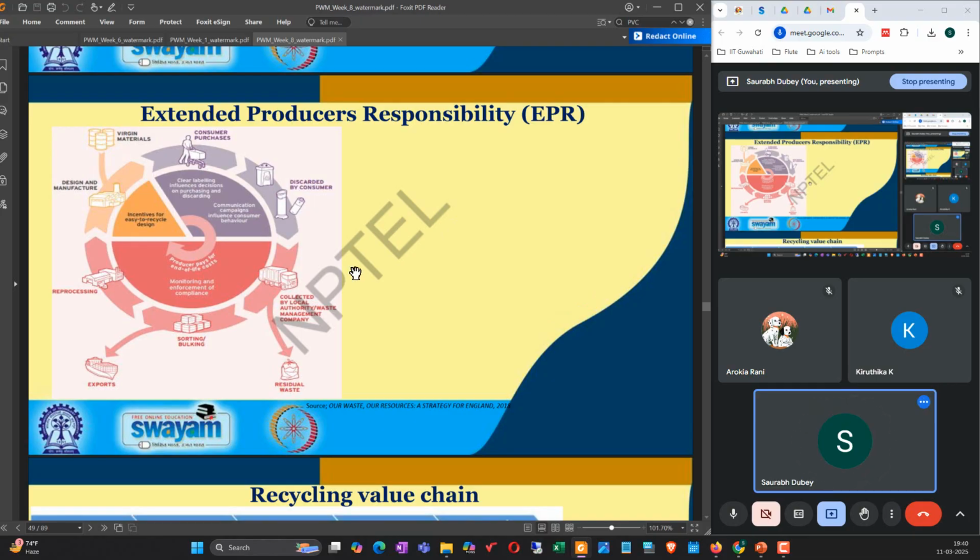There will be lots of ads coming from the companies to buy their products, but there is nothing like awareness that teaches how to handle the end of life of their product. Suppose the wrapper of their product or the packets of their product. So that awareness has to be there.